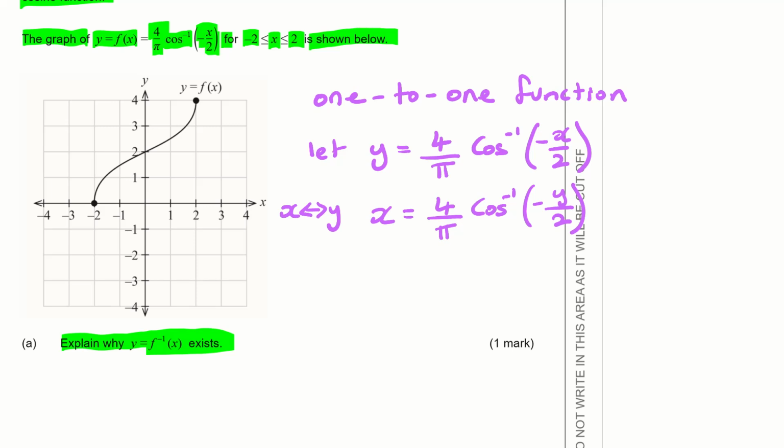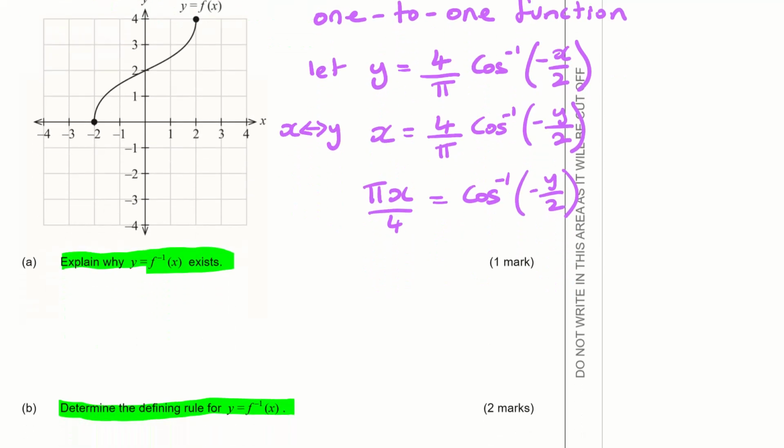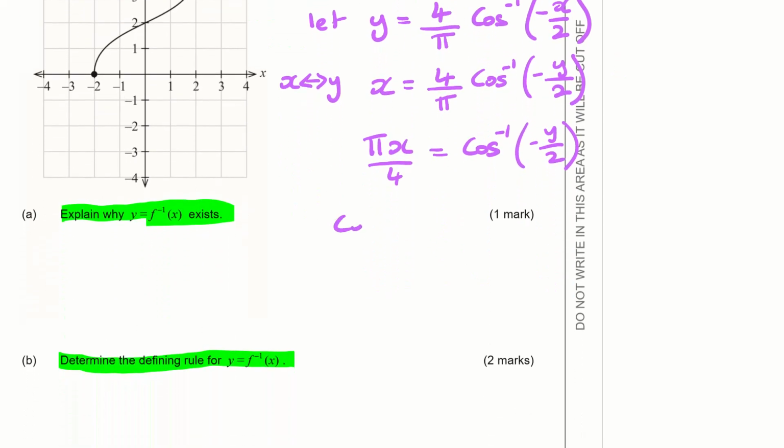And now we want to make y the subject. So we have pi x over 4 is equal to the inverse cosine of negative y on 2. Take the cosine of both sides, cos pi x on 4 would be equal to negative y on 2.